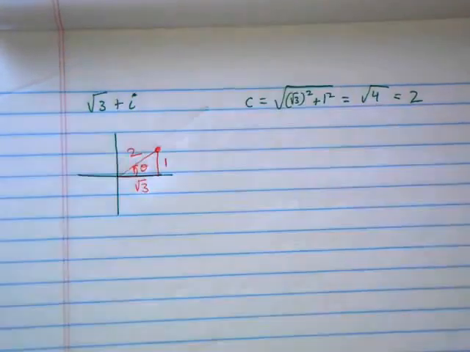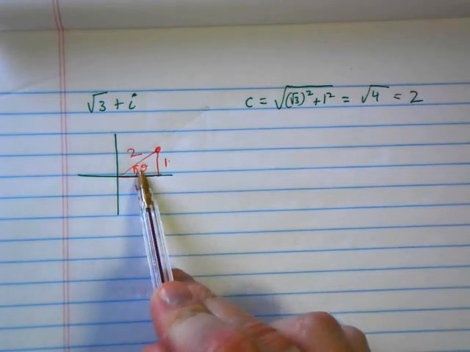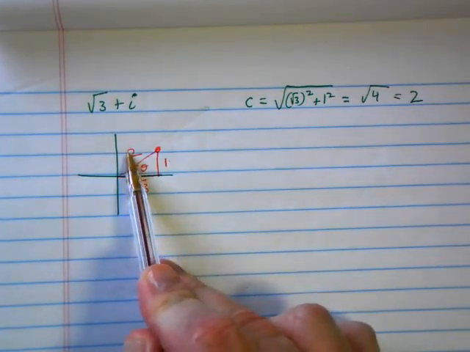So there's my angle theta. Is that one of our special angles? Yes. What special angle does that happen to be? 30. How do you know it's 30? Well, sine of theta is opposite over hypotenuse. Sine of theta would be 1/2, and that is 30 degrees.